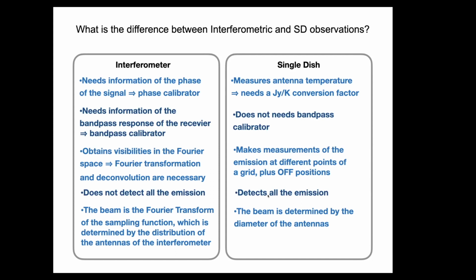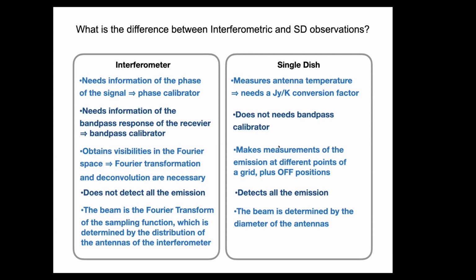And the total power actually detects all the scales that are within the primary beam of the telescope, and that primary beam, the beam of the observations, is determined by the diameter of the antennas, as opposed to the interferometer.